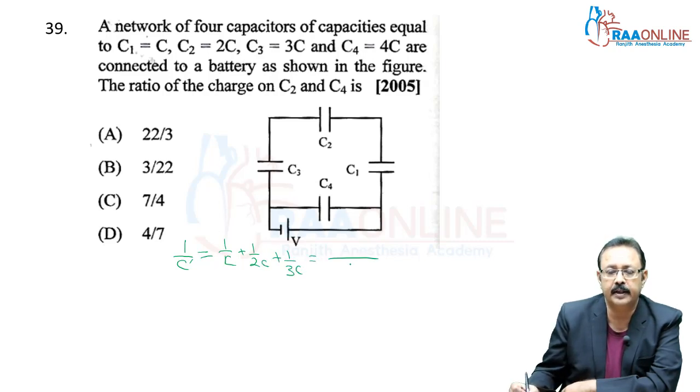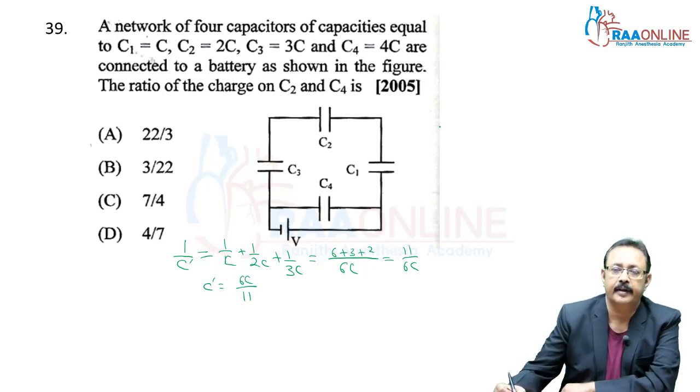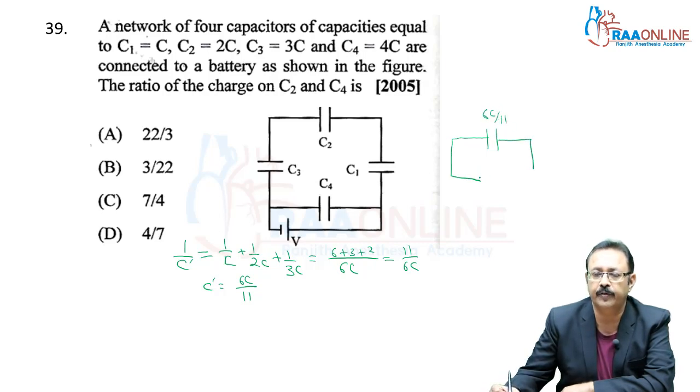The LCM is 6C, so 6, 3, 2, meaning 11 upon 6C. So C dash should be 6C upon 11. It means if I join these three into one capacitor, I will get a capacity of 6C by 11, and this is C4.